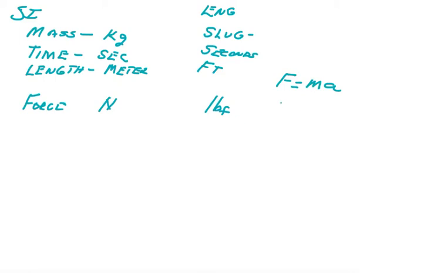So 1 pound force is equal to 1 slug times an acceleration of 1 foot per second squared.